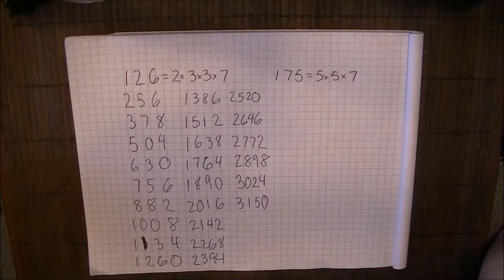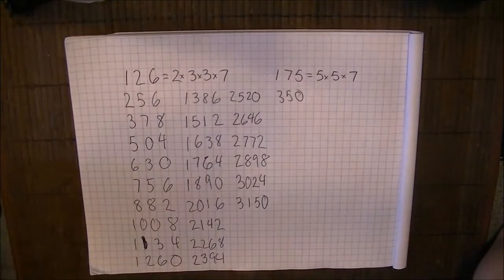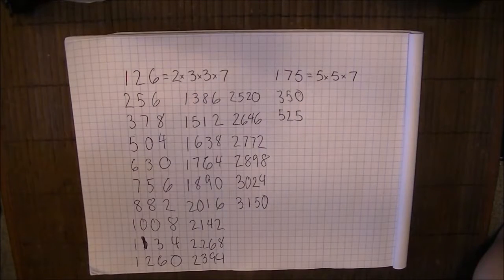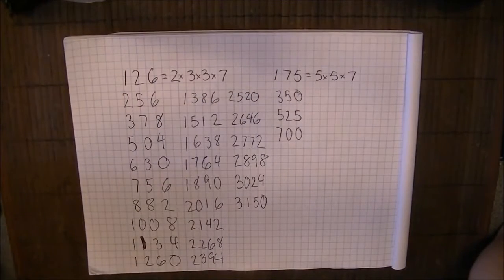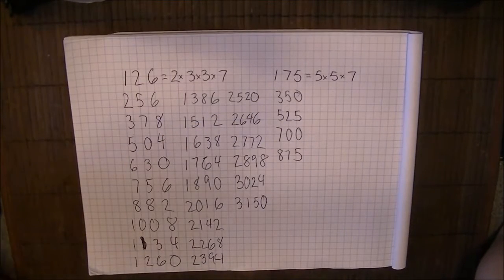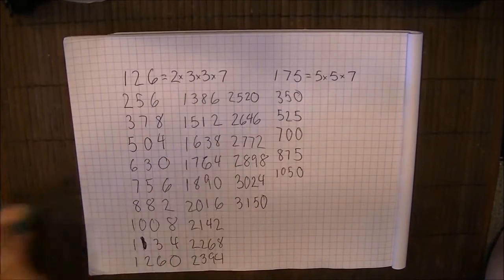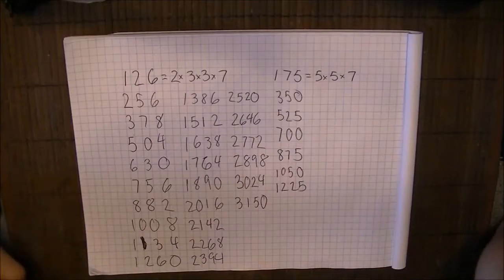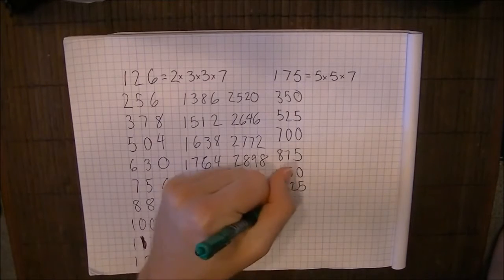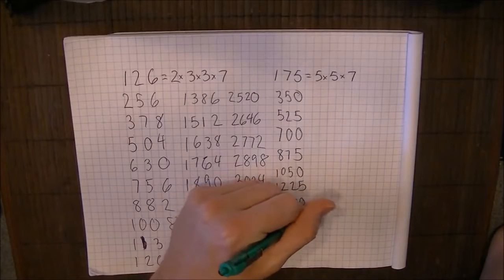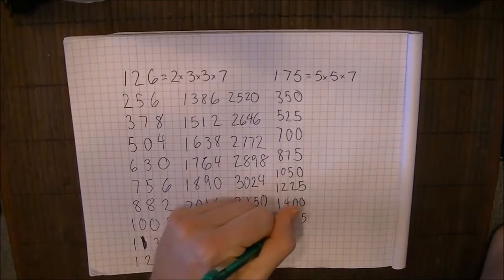So 175 plus 175 is equal to 350, plus 175, 525, plus 175, 700, plus 175 is 875, plus 175 is 1050, plus 175 is 1225, plus 175 is 1400, plus 175 is 1575, plus 175 is 1750.